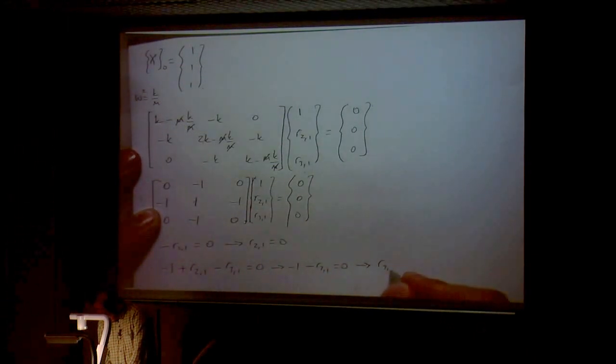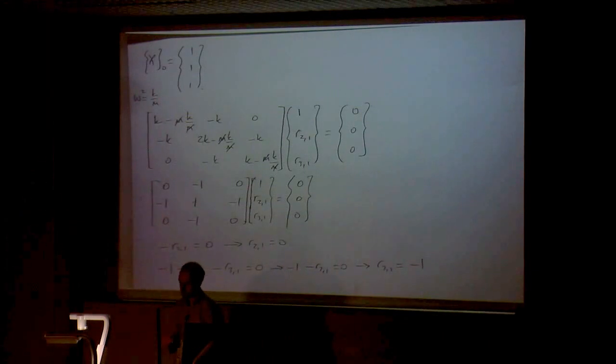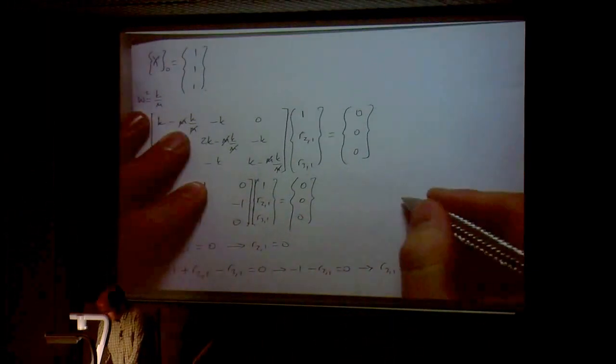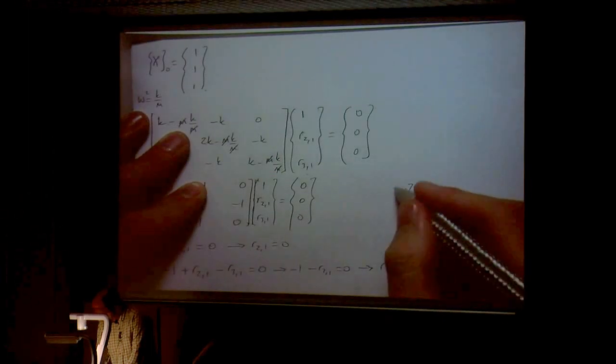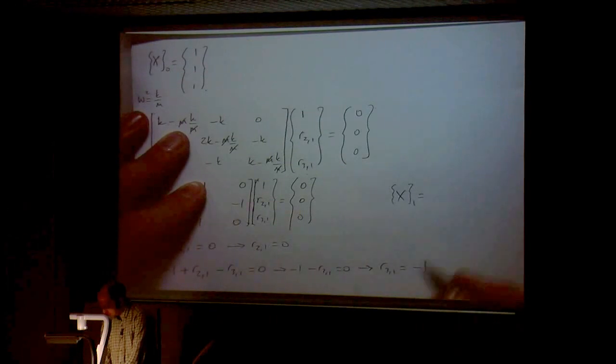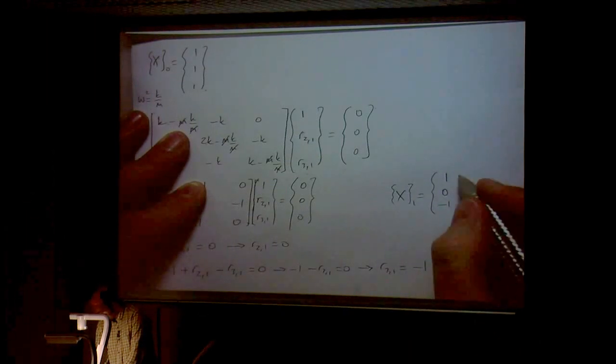Therefore R31 must equal minus 1. So x1, which is the first oscillatory mode shape, we have 1, 0, minus 1.